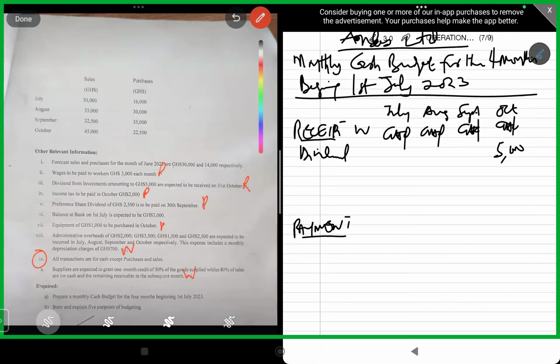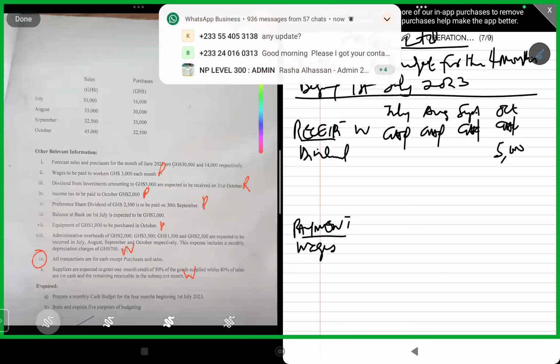So what are the payments? Payments are wages, 3,000 each month.